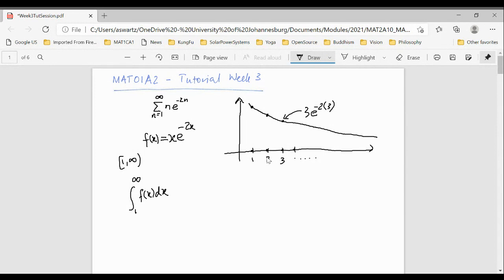Well, it is, because the function h of x equals x and the function g of x equals e to the minus 2x are both continuous functions, and if we multiply two continuous functions, we get again a continuous function. We know this using the material we covered in the 1a module.